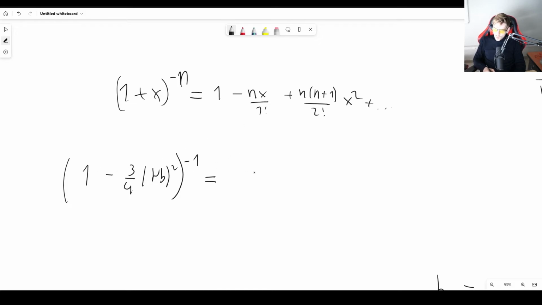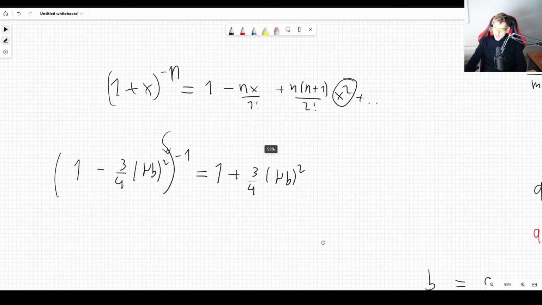So let's see, 1, then we have minus n, which is 1, times x, which is minus this. So we will actually have a plus now, 3 over 4 mu b squared. And now the next is x squared, but this is already squared, so we would get mu b to the 4th, which is way too large.